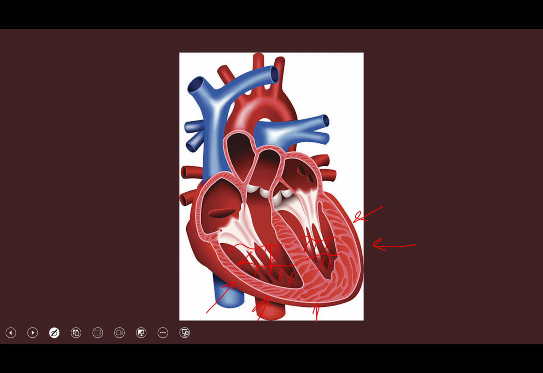Once they rise to a certain point, the pressure of the ventricles will surpass that of the atria, causing these valves to slam shut. The bicuspid and the tricuspid valves will slam shut, and the blood continues to rise as the ventricles contract. Following?